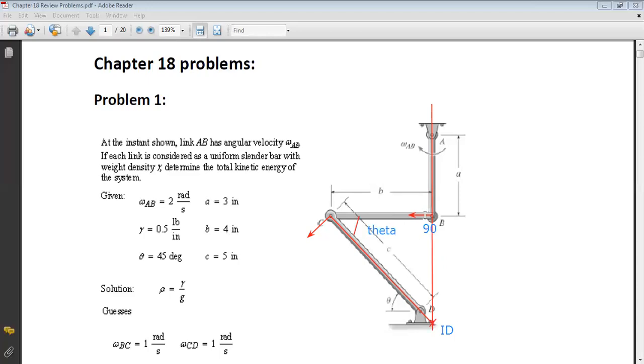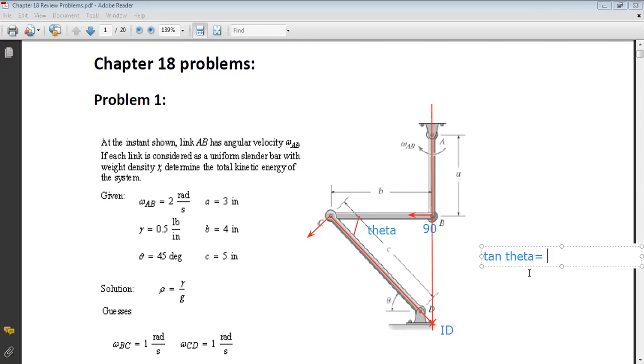So you have B and you want to find BD. So you don't use sine or cosine, you use what? Tangent theta. I can write that tangent of theta is equal to the distance between B and the instantaneous center.